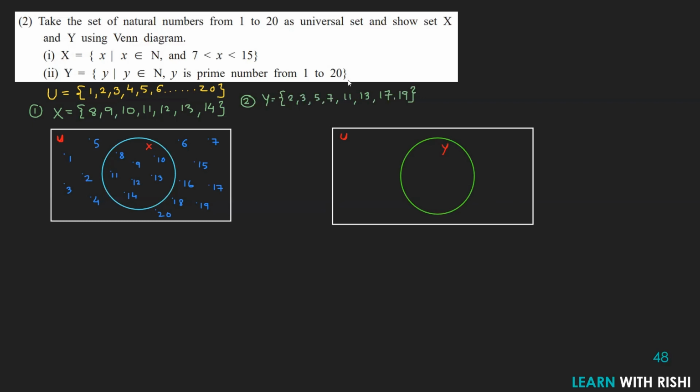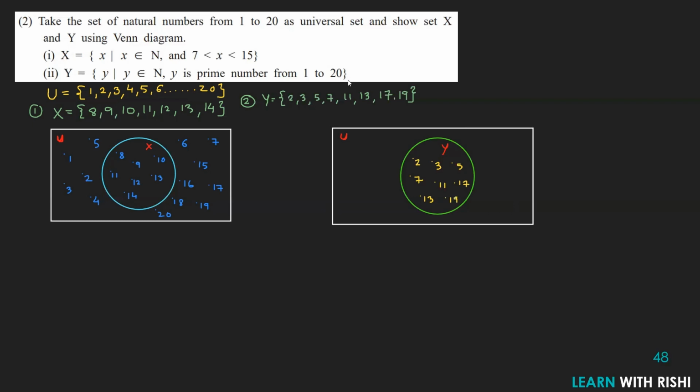The elements inside the set Y: we have elements 2, 3, 5, 7, 11, 13, 17, and 19.